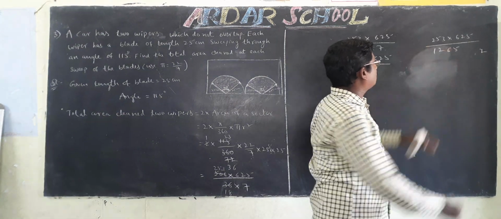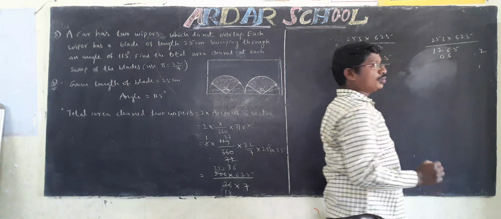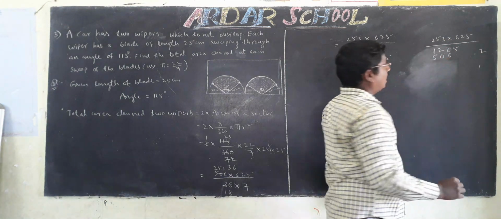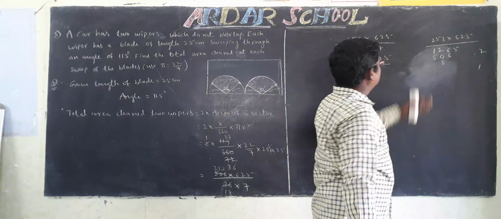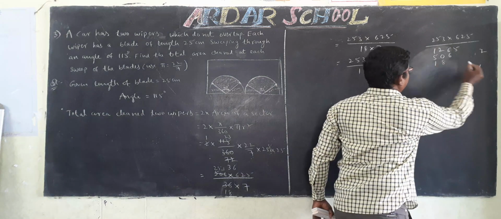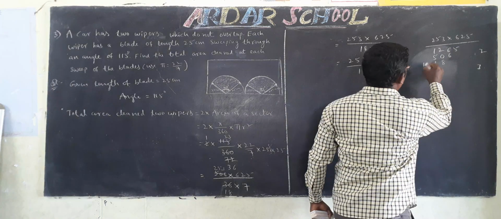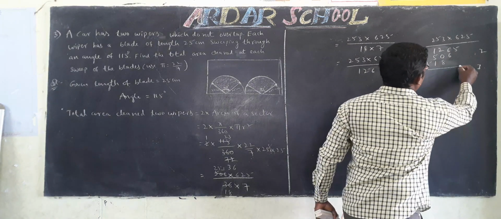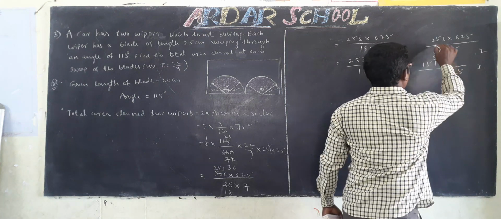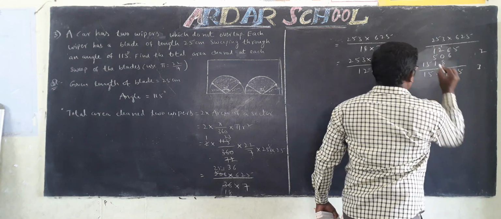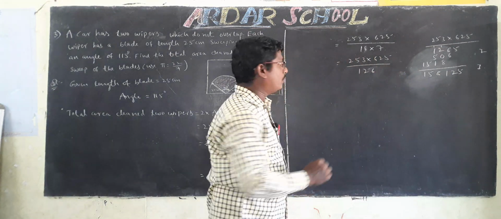Next multiply with 2: 2 threes are 6, 2 fives are 10, 2 twos are 4, plus 1, 5. Next multiply with 6: 6 threes are 18, 6 fives are 30 plus 1, 31, 6 twos are 12 plus 3, 15. Adding them, we get 1,58,125.